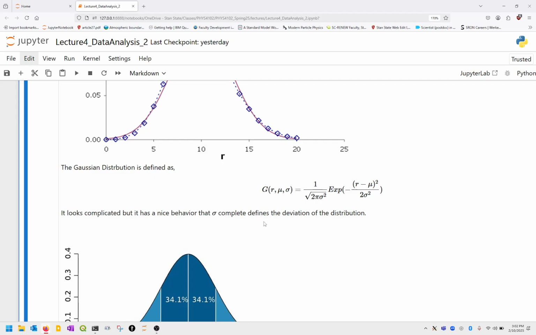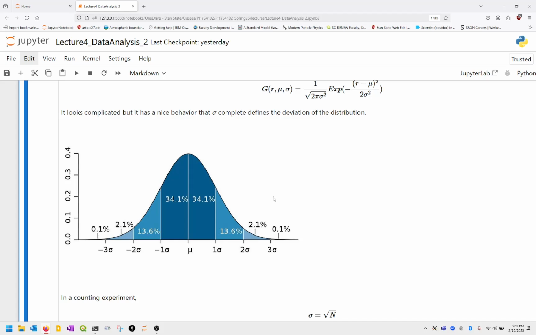When you plot the Gaussian distribution and go out to 1 sigma, meaning 1 times whatever this number happens to be, it could be 0.5, it could be 10, or whatever it is, when you go out 1 sigma in both directions, you get 68.2% of the probabilities back.